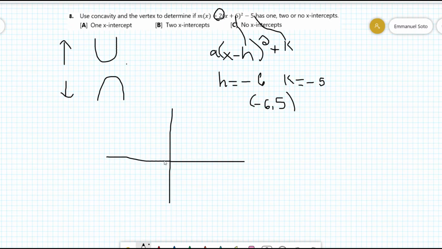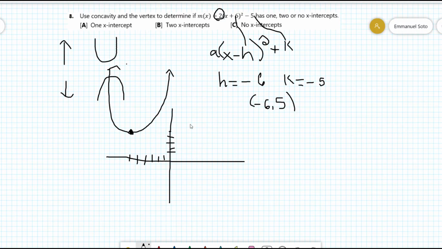So negative 6 and 5. So 1, 2, 3, 4, 5, 6, and then 1, 2, 3, 4, 5. So this is our vertex, right? Now if you were to graph this, we know that it's a smiley face, or concave up, so we know it goes like that. So because it goes like that, that means we know it can't cross.